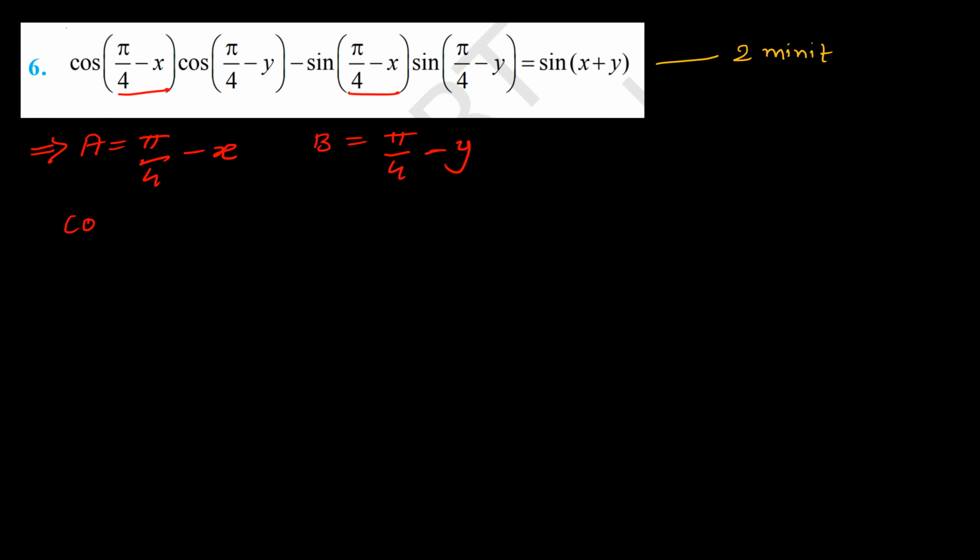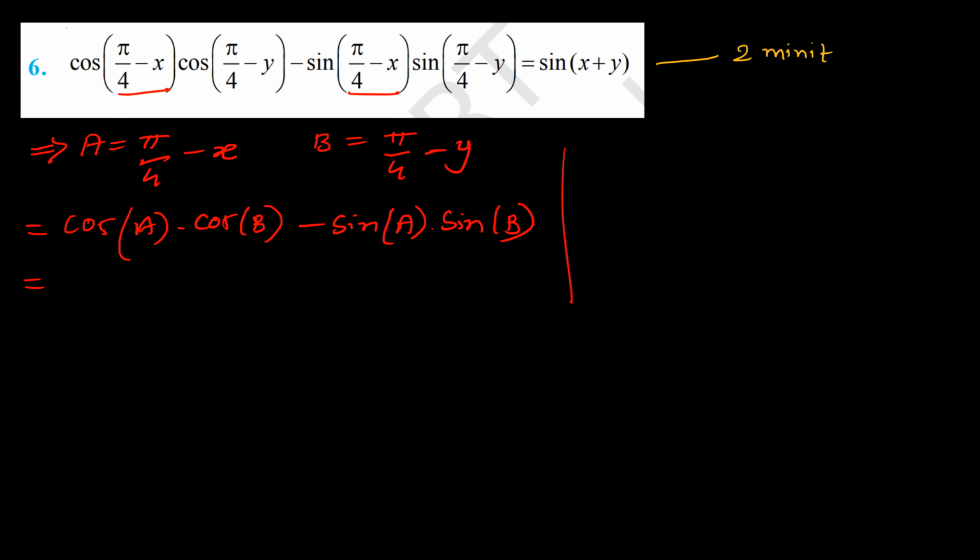So our question is cos a into cos b minus sin a into sin b, right? Now this is the first step you need to do. The second step: you should have this kind of formula in your mind.